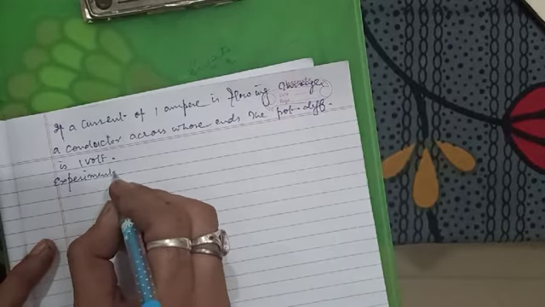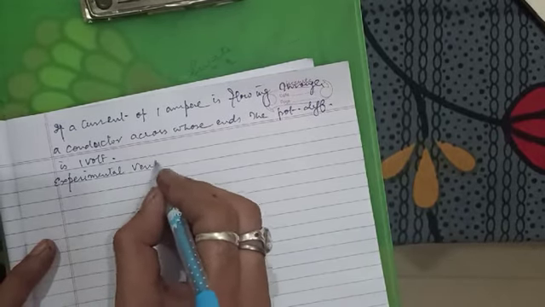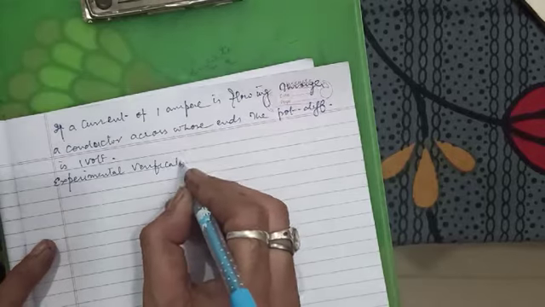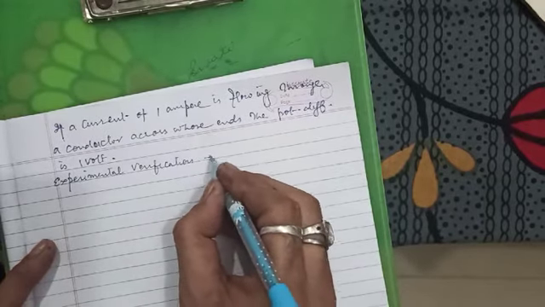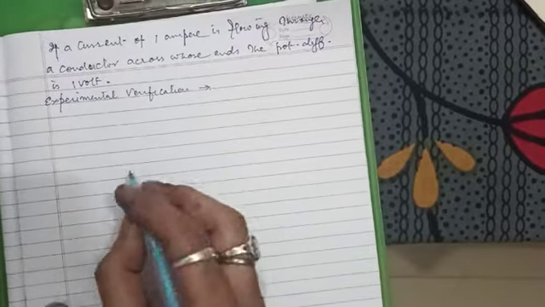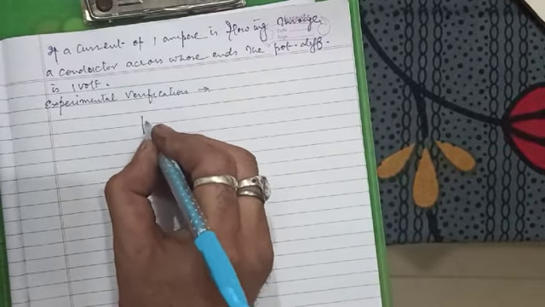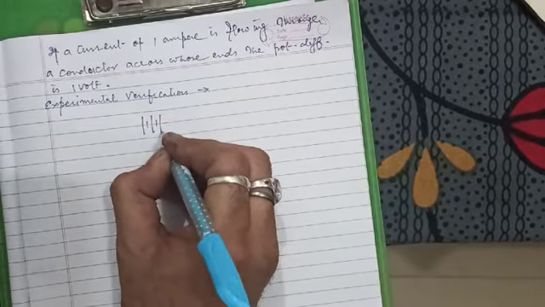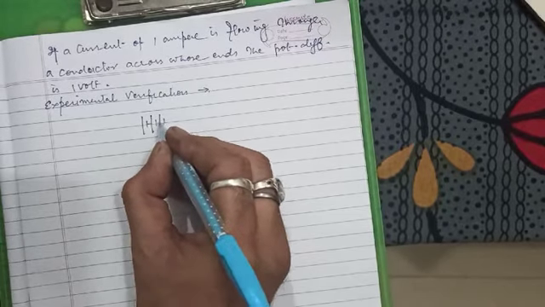तो हमें इसको एक्सपेरिमेंटली वेरीफाई भी करना है. एक्सपेरिमेंटल वेरिफिकेशन. For the experimental verification, we again draw the circuit diagram.